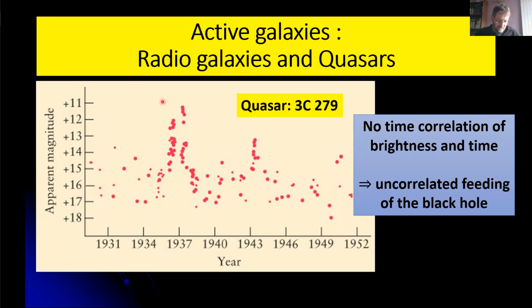Then we see occasionally there are eruptions. Then it's a bit quieter. There's no regularity. There is continuously something going on, but not in a nice sinusoidal or regular fashion. That means the black hole is fed from time to time, but not regularly.